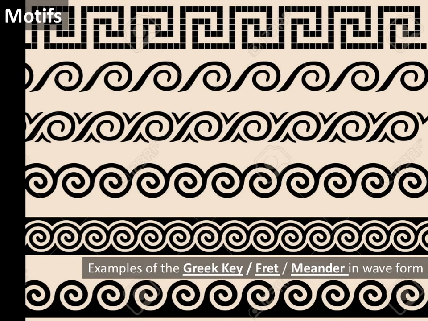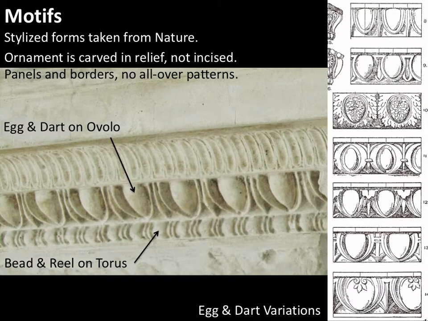Of course, the Greeks lived on the water, and that shows up in their decoration too. So here you have the Greek key that's been reinterpreted as a wave form. So these motifs are also very common in Greek architecture and decor. Let me show you what I mean.